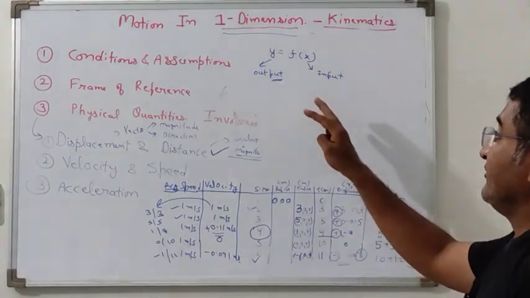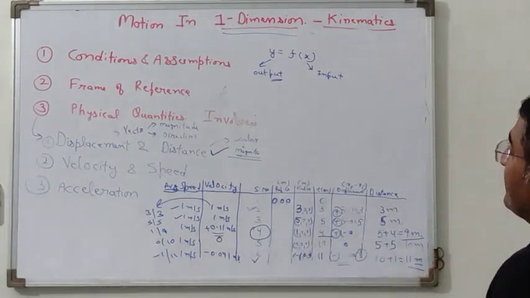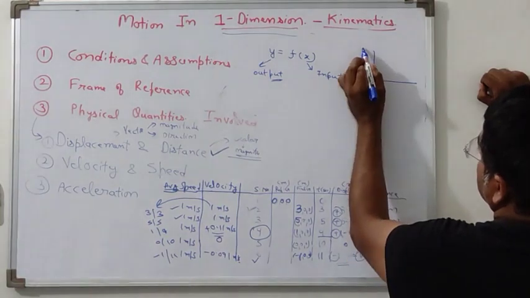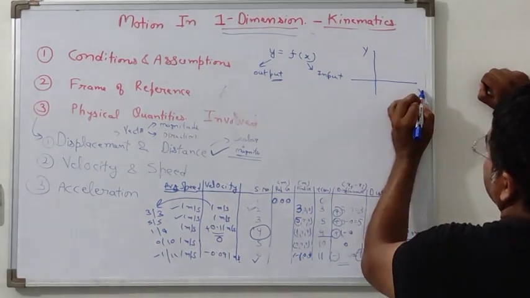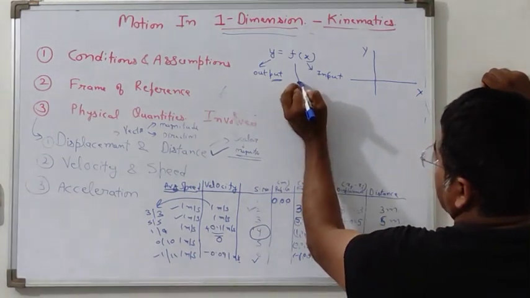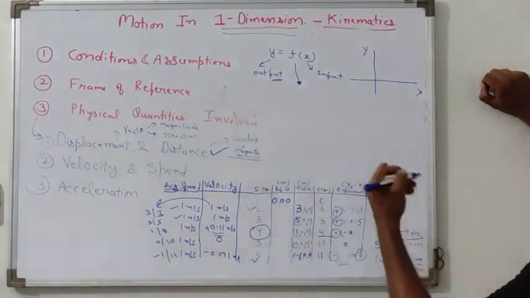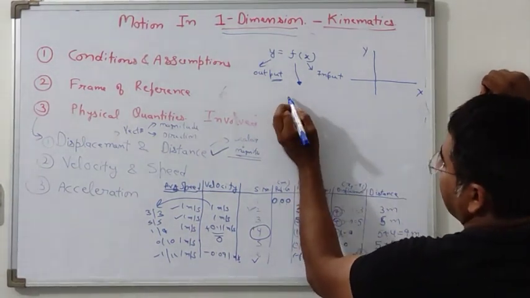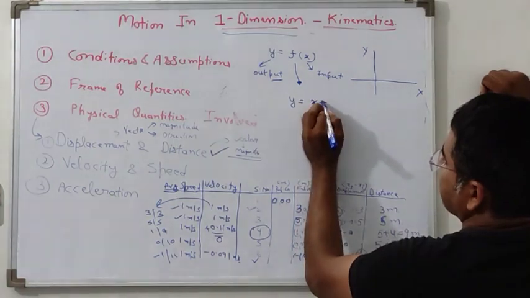So we'll take an example here. This is the y-axis, this is the x-axis. This function could be anything. We'll take an example with an equation of a simple straight line, that is y is equal to x plus 3.